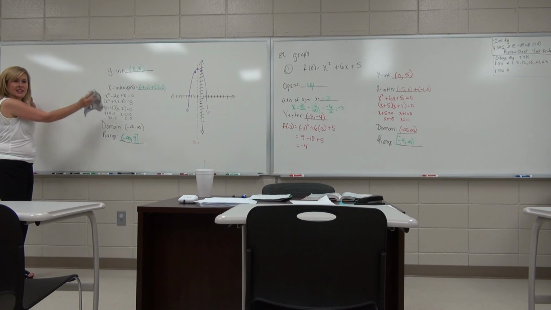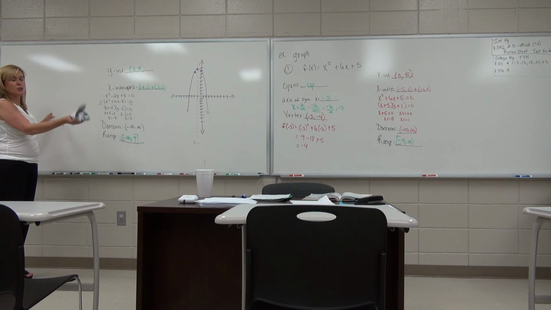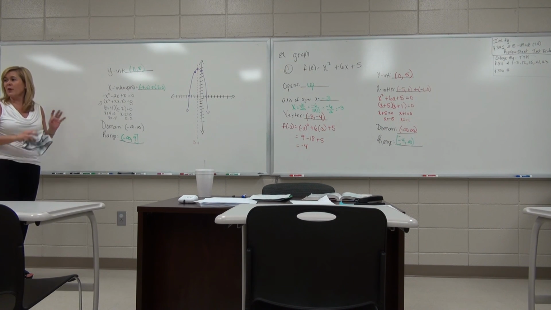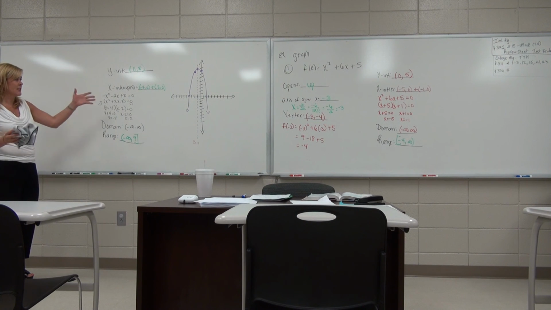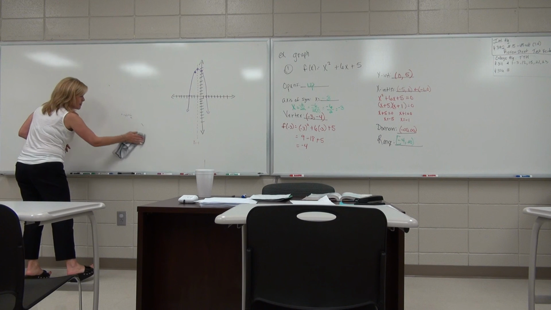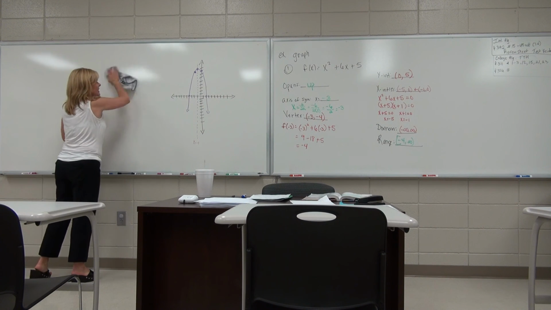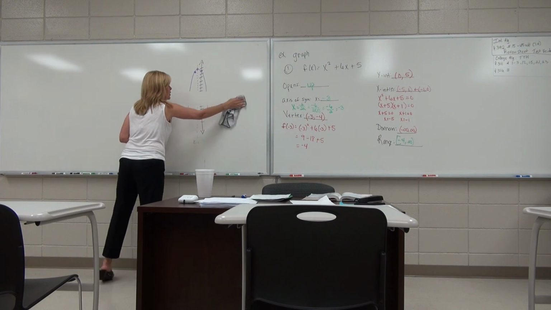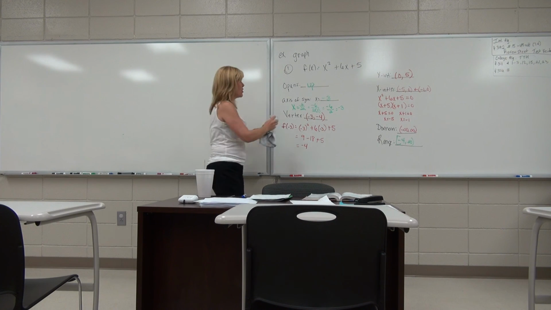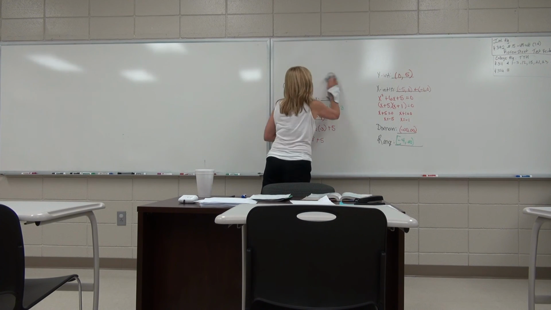This sets out on its own. This is like the first page of your test, and everything else is going to be completely different. We're not going to be graphing anything else on this test except for these parameters. Everything else is going to be factoring, finding all the zeros, which are the x-intercepts, of higher order polynomial functions.